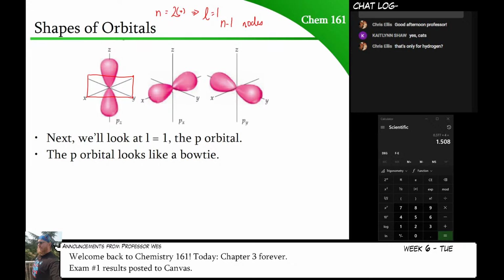a plane. So I've drawn a shape here. So this is my planar node, and I'm going to just shade over. There we go. So there's one of my planes. Here's another plane. We'll shade that one in too here. And I got the same thing going on over here.